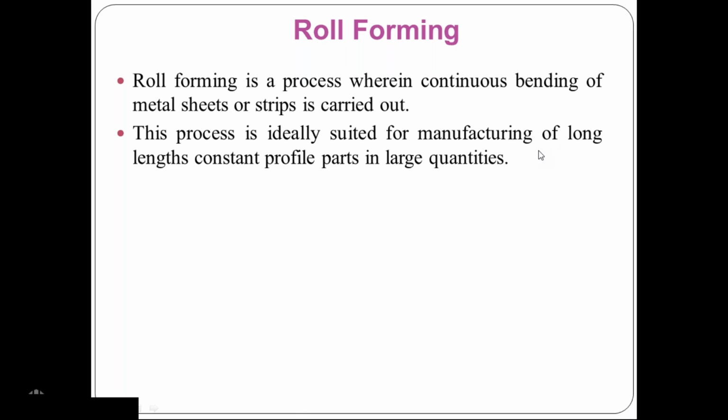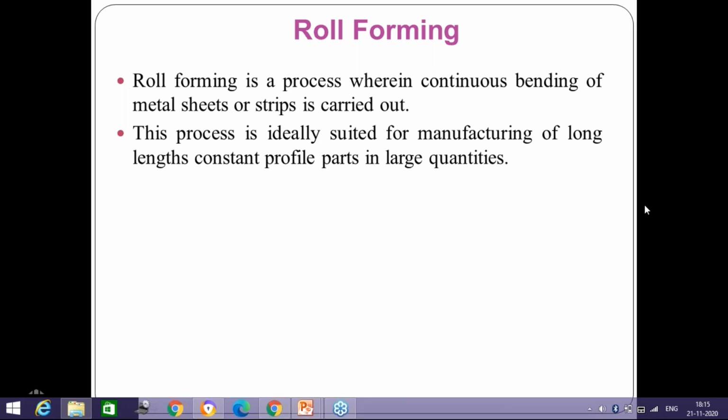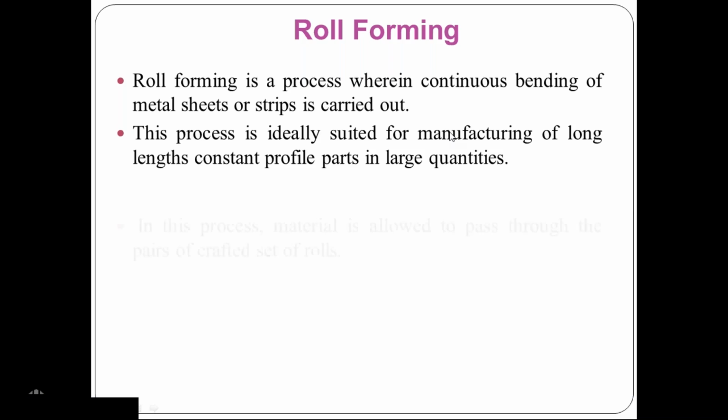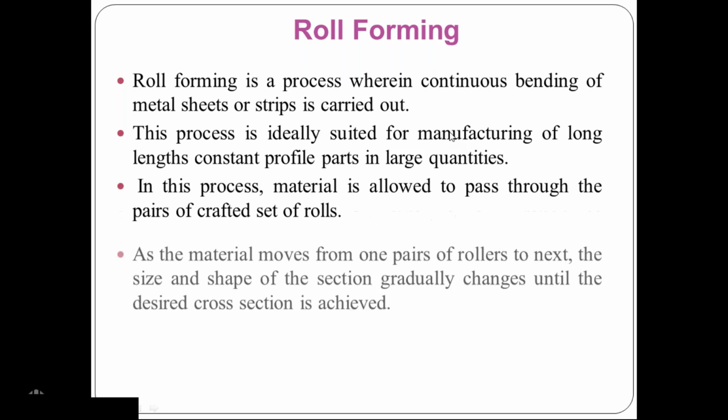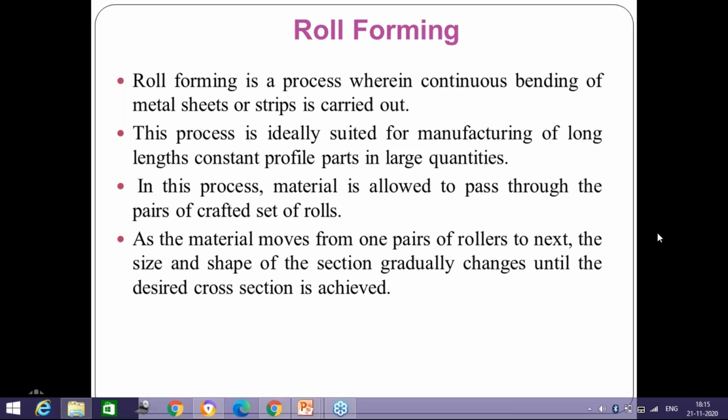This process is ideally suited for manufacturing long length constant profile parts in a large quantity. In this process, material is allowed to pass through pairs of a crafted set of rolls. As the material moves from one pair of rollers to the next, the size and shape of the section gradually changes until the desired cross section is achieved.